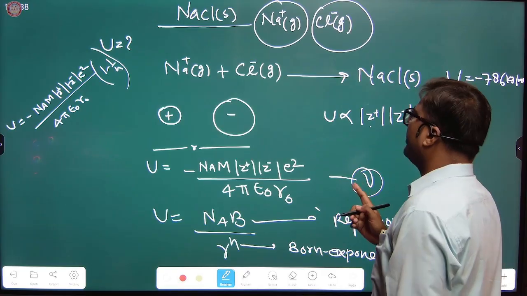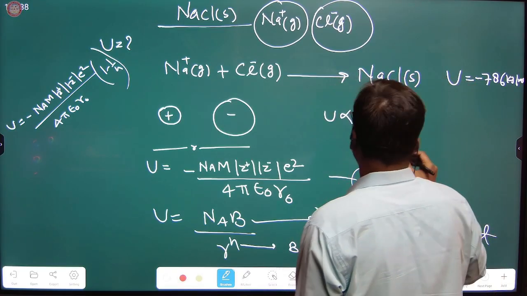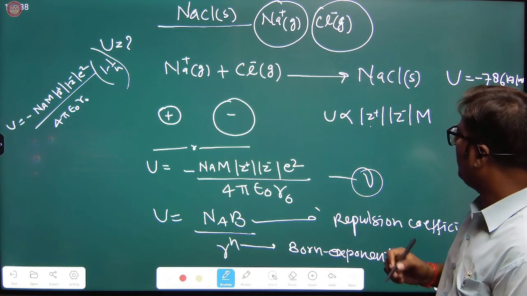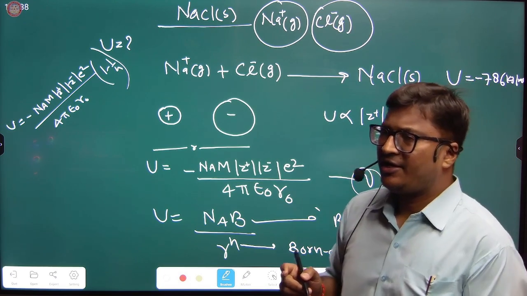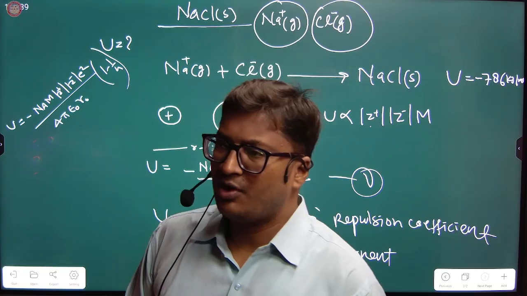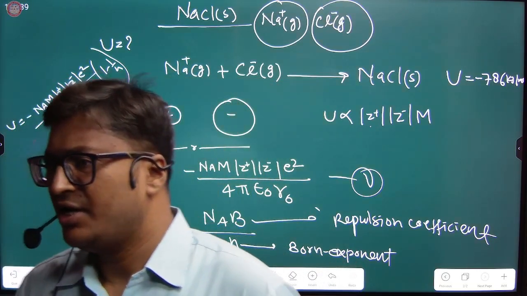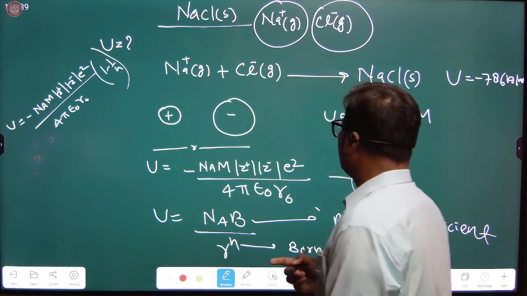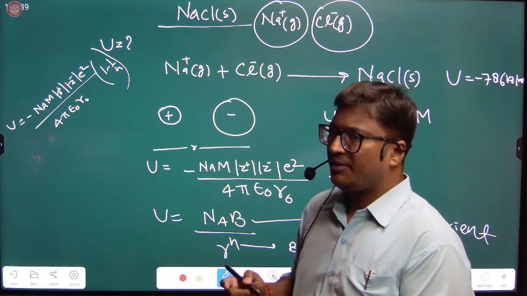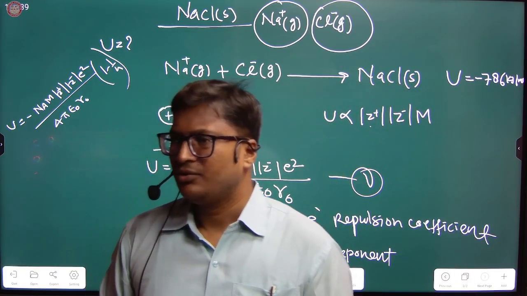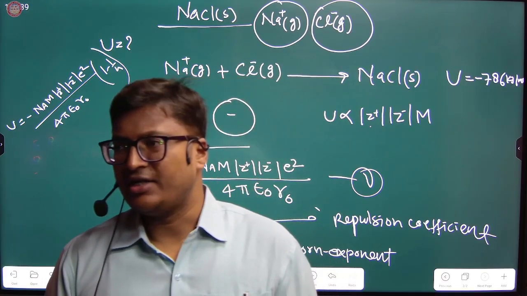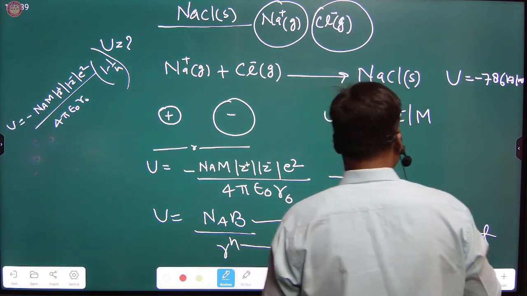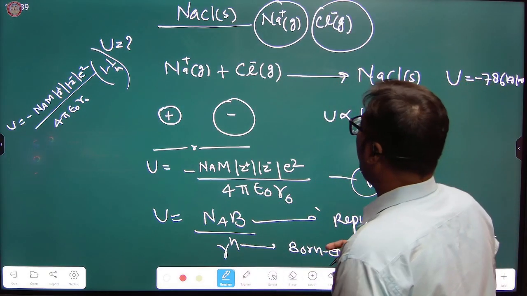And the second term is the Madelung constant M, so it is directly proportional to M. The greater the value of the Madelung constant, the greater the lattice energy. The Madelung constant depends on the geometry, coordination number and structure of the lattice of ions in the solid state.